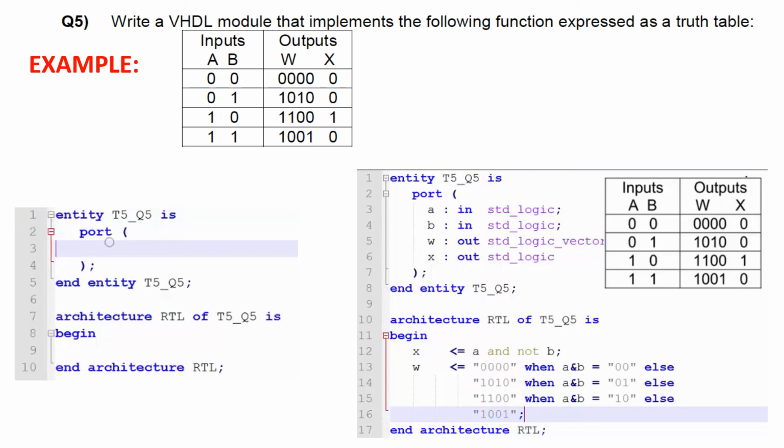This is your final code. Just remember here that you have the vector, so you need to declare it as a vector. Since you have a couple of conditions here, you can also check this in the software, and it will show you the schematic based on this function.